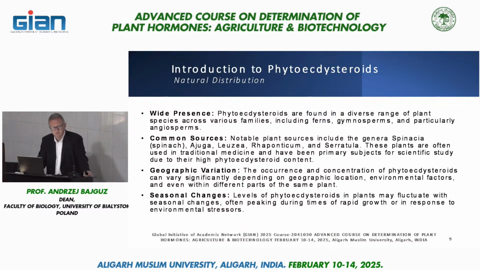Seasonal changes matter too: many plants synthesize higher levels of phytoecdysteroids during rapid growth phases or in response to external threats and environmental stressors, exposure to herbivores, drought, salinity, and other abiotic or biotic stress can trigger an increase in phytoecdysteroid production as part of the plant's defense mechanism.